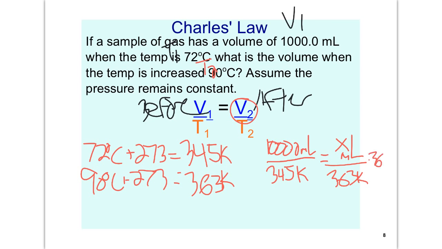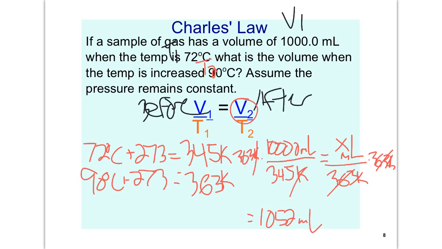Multiply both sides by 363 Kelvin. Kelvin cancels out, and you end up with an answer of 1,052 milliliters.